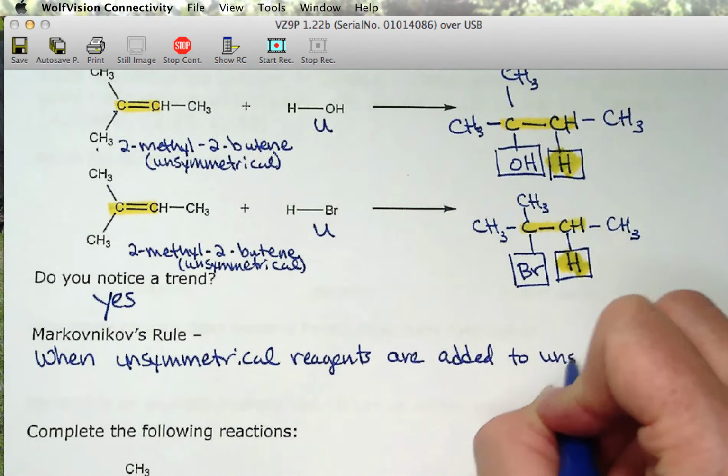So the better party for hydrogen is this first carbon. Does that make sense?